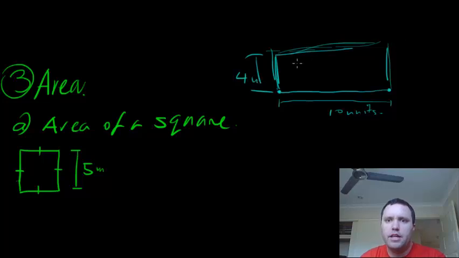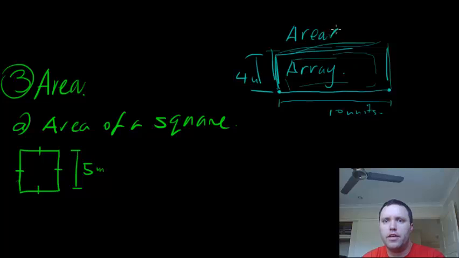And now we have what's called an array. 10 units going this way, 4 units going this way, and we've created an array, this space here, which we also call an area. So this is how we do areas: a certain amount of units multiplied by another amount of units creates an array, which we use as an area when we're doing geometry and spatial stuff.